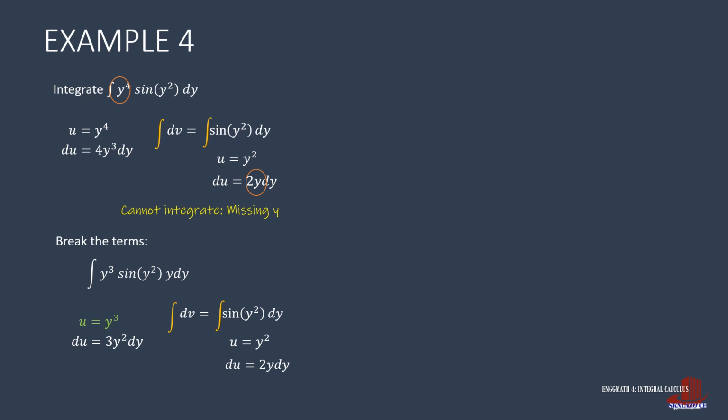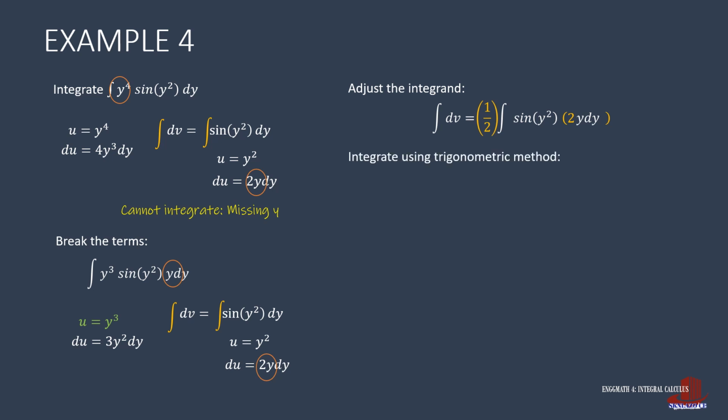This time, we have y in the integrand, so we only need to adjust dv by multiplying 2 to the derivative and 1/2 before the integrand, and then proceed with the trigonometric integration to find v as half of negative cosine of y squared, simplified as v equal to negative cosine of y squared over 2.